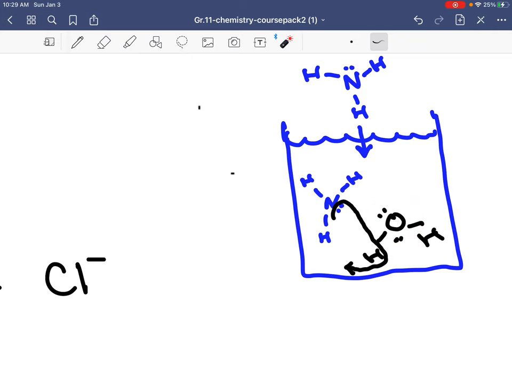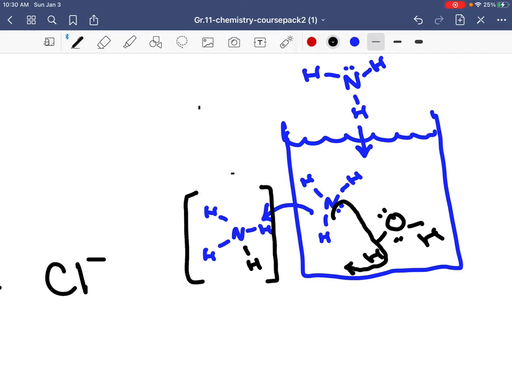Oh my gosh, he pretty much just stole hydrogen off of water. So what do you get? Right now, not NH3, but NH4, and this has a positive charge because of formal charge.